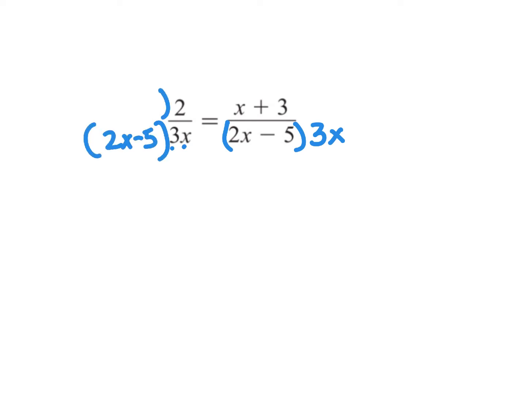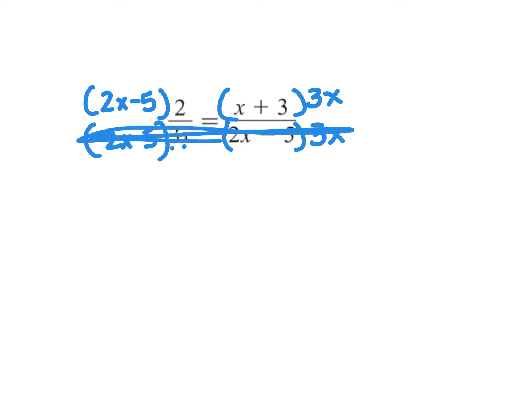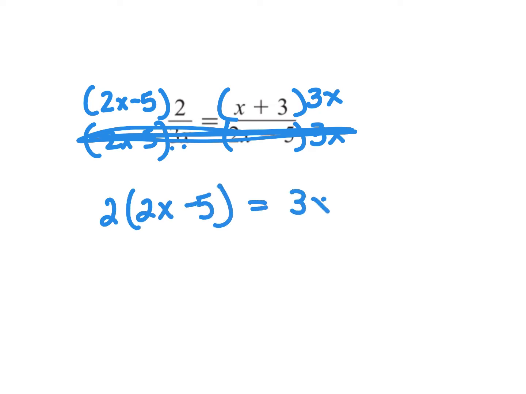So I'll have to multiply by 2x minus 5 on the top and the bottom, and here I'll have to multiply by 3x. Now the denominators are common denominators, so we can cancel them out. So I'm doing 2 times the quantity 2x minus 5 equals 3x times the quantity x plus 3.